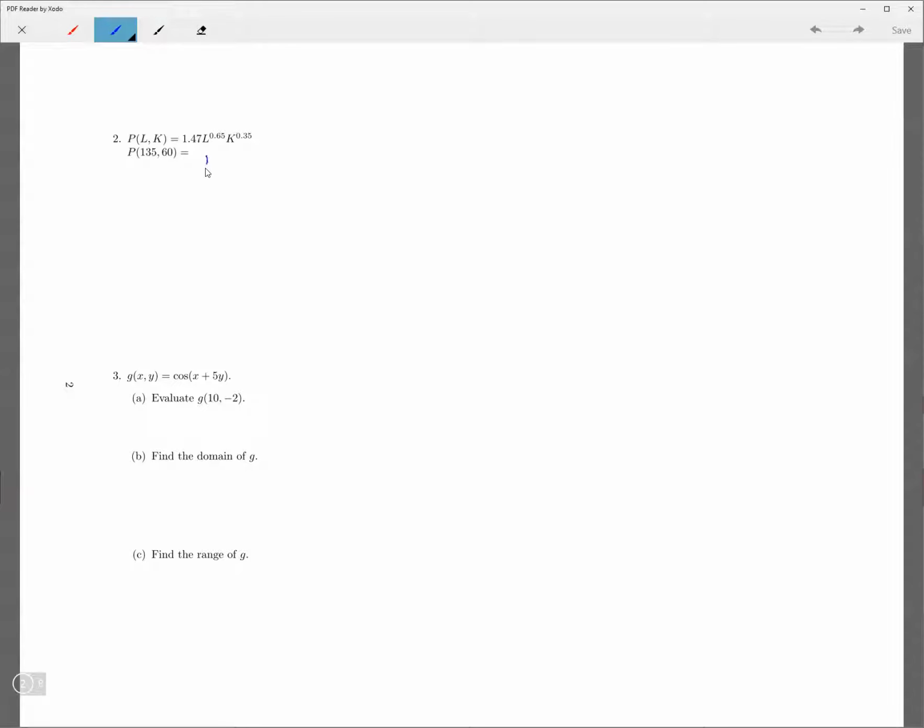Okay, so that would be, you take 1.47 and then L gets replaced with 135, and then K gets replaced with 60. Okay, so then we grab our calculator and plug those numbers in. Let me know when you guys get an answer, okay?